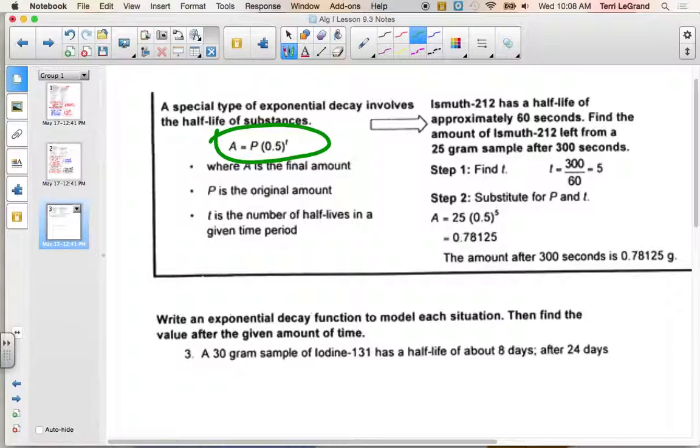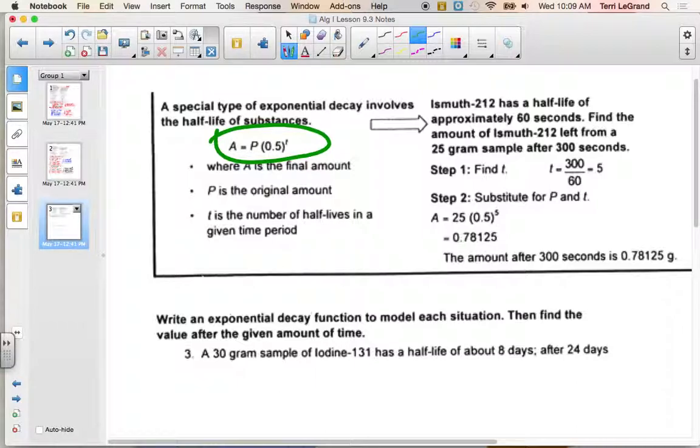Which 0.5 is really what fraction? 1/2. Half taken away from 1 is 1/2. So in reality, this was originally 1 take away 1/2. So it's 1/2, and it's always going to be that in an exponential decay half-life. So they're just going to let you use the cleaned up one right away.